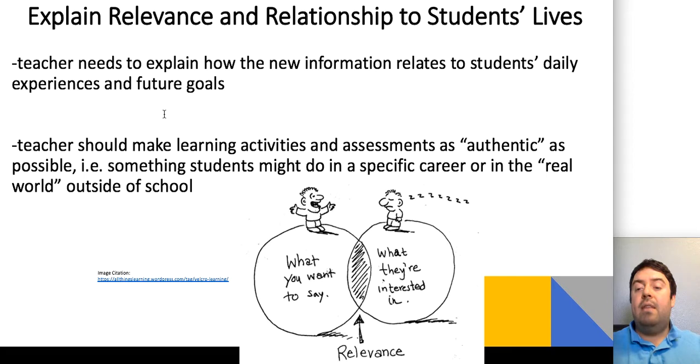So maybe having them add money or do math using supplies from the grocery store, or having them do an experiment using plants that they could grow in their home gardens, or having them read a job manual and write a work email to their employer where they persuade their employer to give them a raise or to improve benefits for the company.